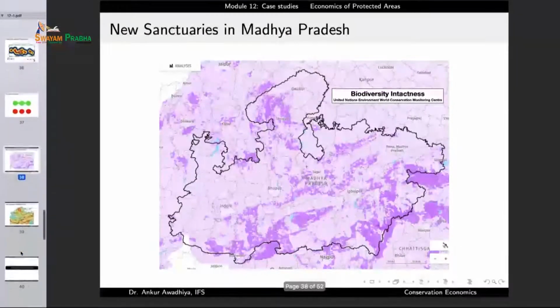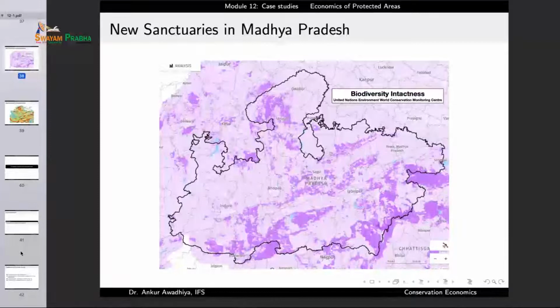Now, we routinely make use of these approaches whenever we are making new protected areas. So, for instance, in the state of Madhya Pradesh, when we were looking for new sanctuaries, we looked at biodiversity intactness. Now, the biodiversity intactness index tells us the level of biodiversity that remains in different areas. So, if you look at this map, these sections that are darker in color have more biodiversity.